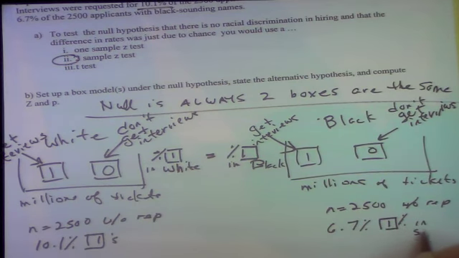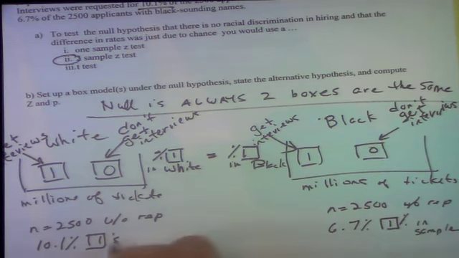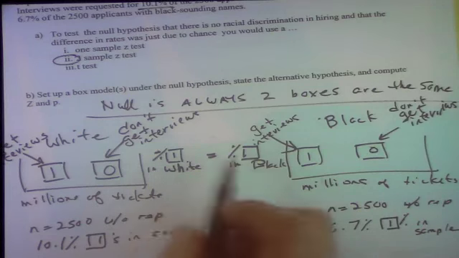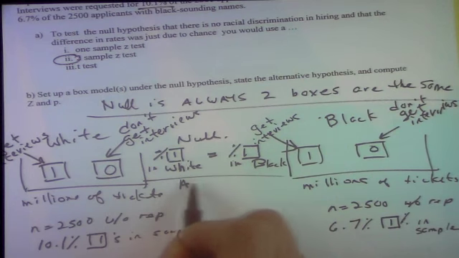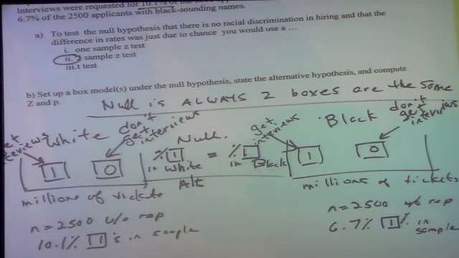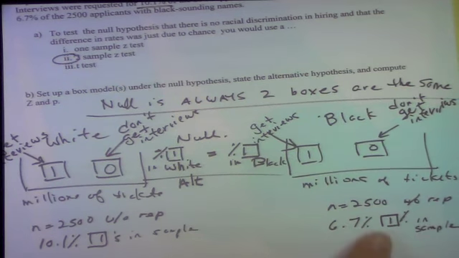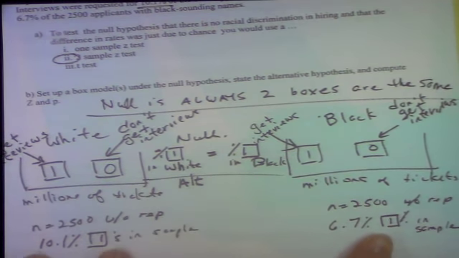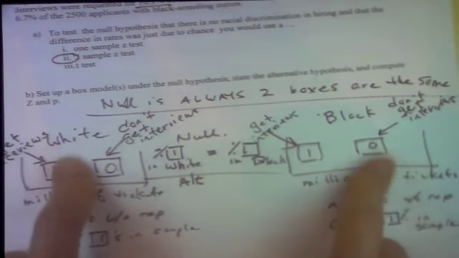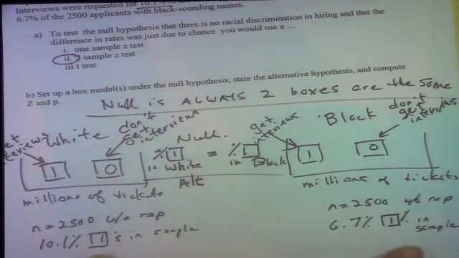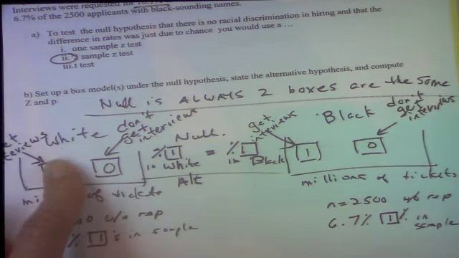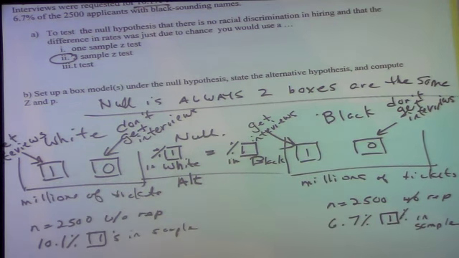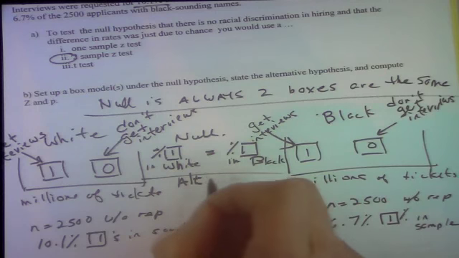This is in your sample. That's what we got. All right. And what's the alternative say? This is the null, just to set it up. And the alternative is, no. The reason we saw this difference, that whites got more interviews, is because they really do in the population. This is not a fluke. This is not a chance occurrence. It reflects the reality of how it is in the population. So that's the alternative.